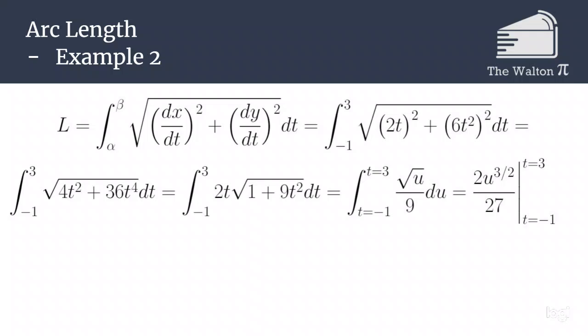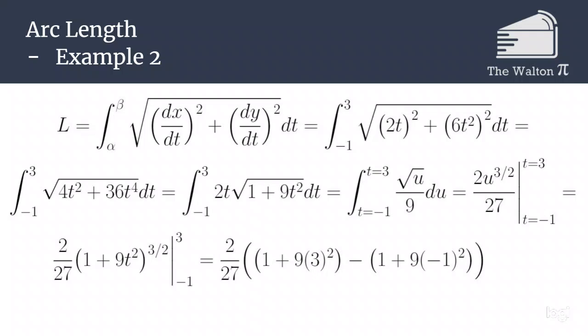So that's 2u to the 3 halves over 27, evaluated from t equals negative 1 to 3. Replacing u with 1 plus 9t squared is then going to give us the answer of 16/3. So the arc length of that curve was 16/3.